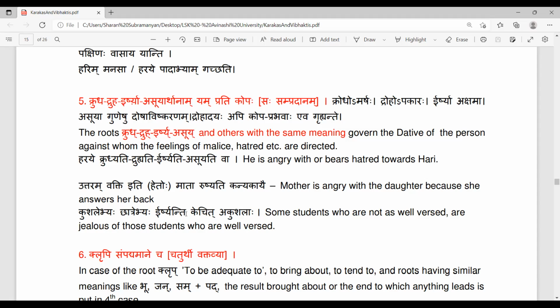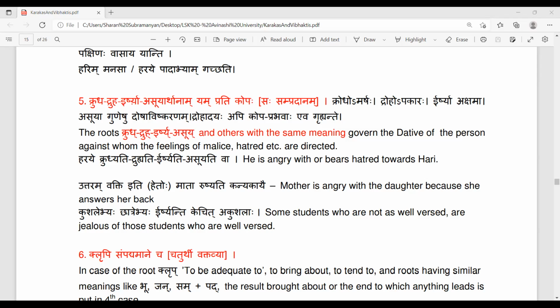So akushalaha kushalebhyaha irshyanti. You should not say akushalaha kushalan irshyanti, because the irsh dhatu means jealousy, and because of this it will take Sampradana Sanya. You can note it will take Sampradana Sanya. Therefore it will be in Chaturthi Vibhakti.